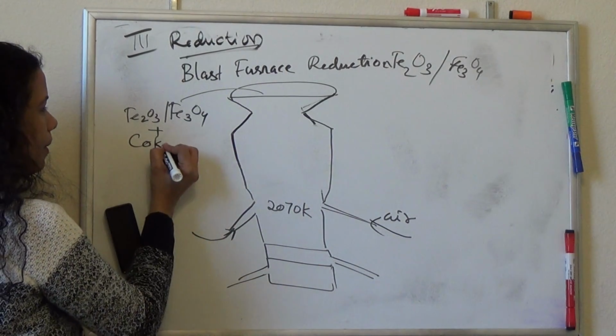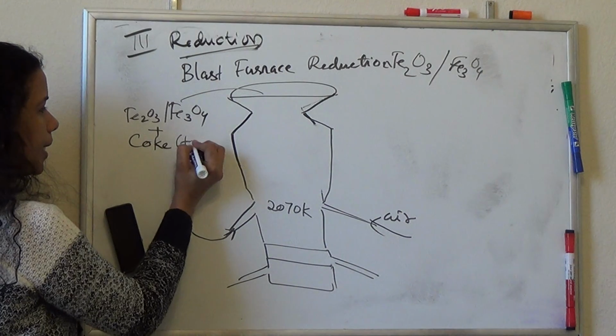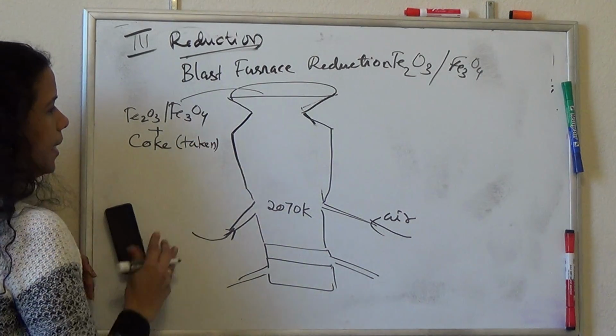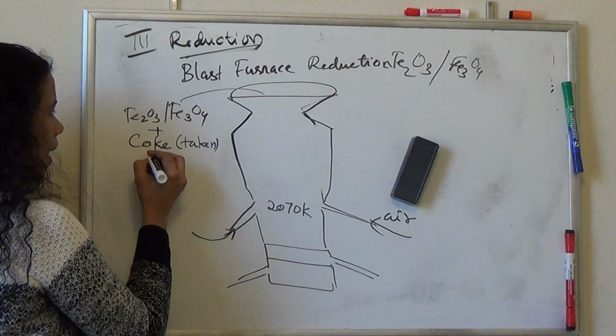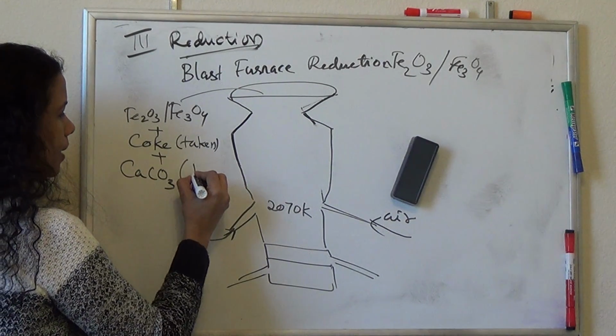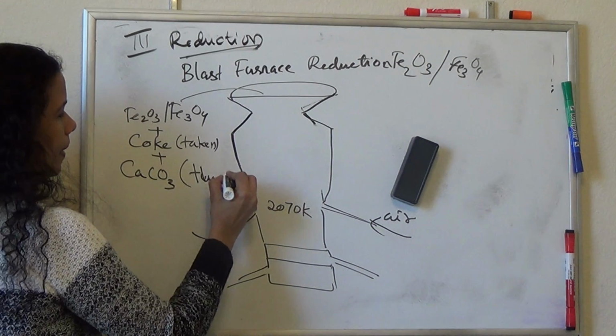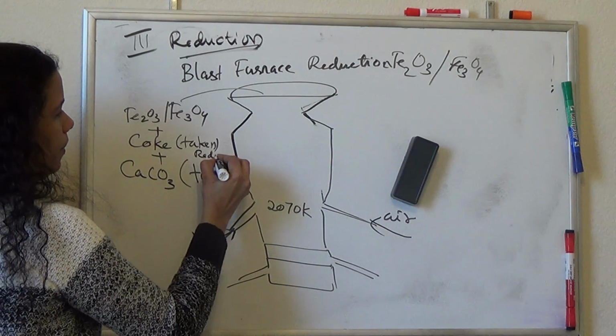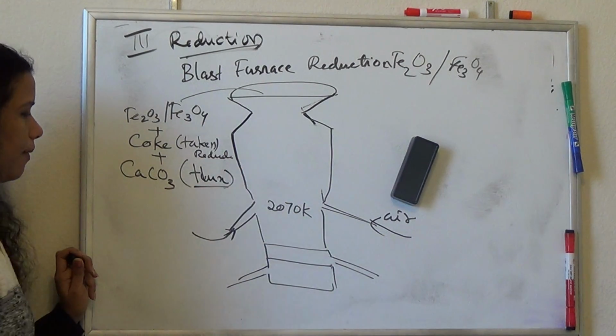Coke is carbon, which is taken as the reducing agent, plus calcium carbonate, which is taken as flux.